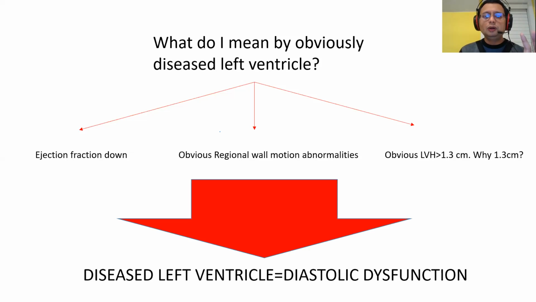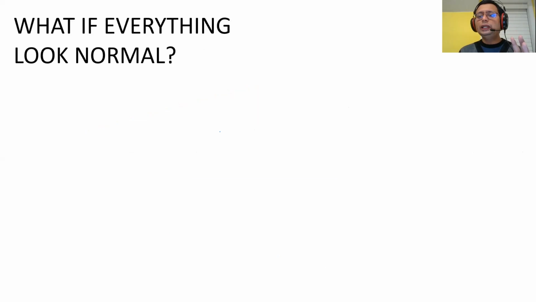Now, once you have all this, what you need to do is just determine whether the patient has increased left atrial pressure or not. Now, the problem comes if someone comes to your clinic with shortness of breath. When you look at the left ventricle, it looks normal. The ejection fraction is normal.